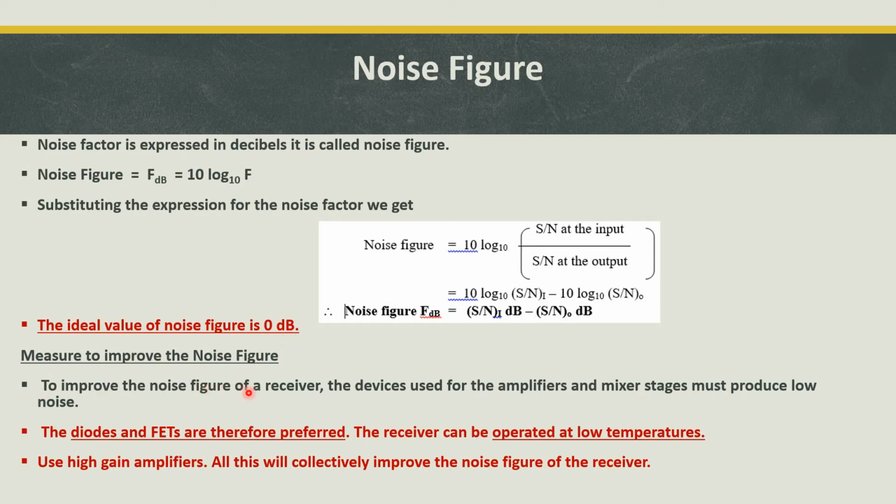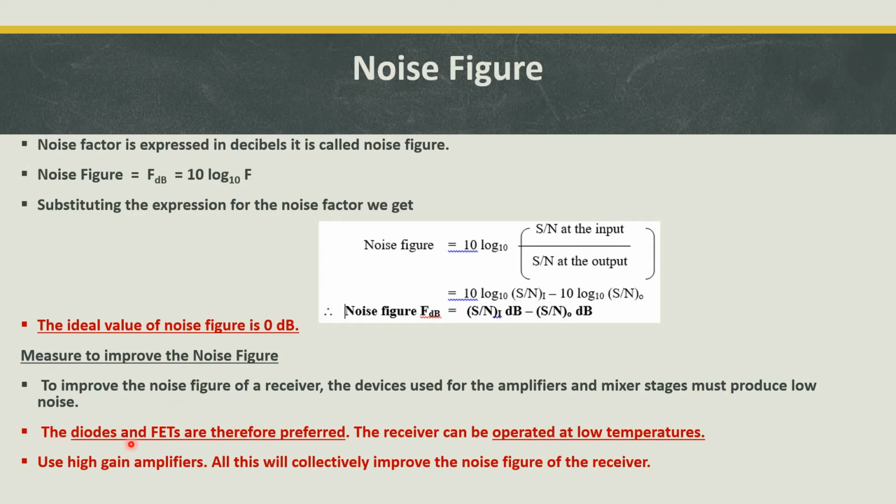To improve the noise figure of the receiver, the devices used for the amplifier and mixer stage must produce low noise. So we have to carefully select the devices when designing a receiver. That is the most important thing to reduce the noise domination in the receiver.